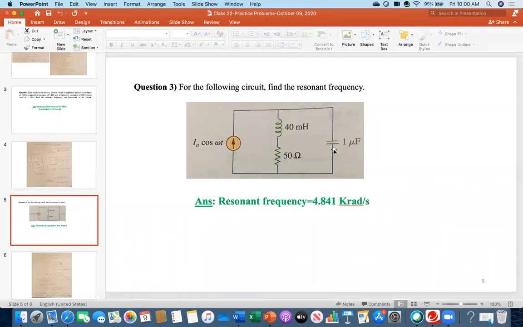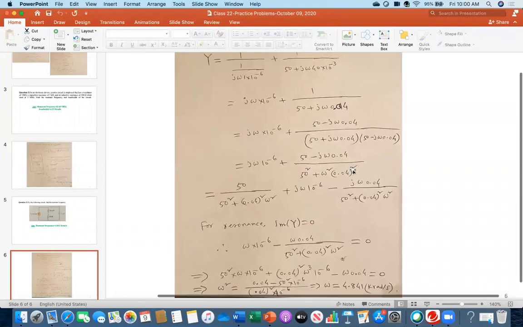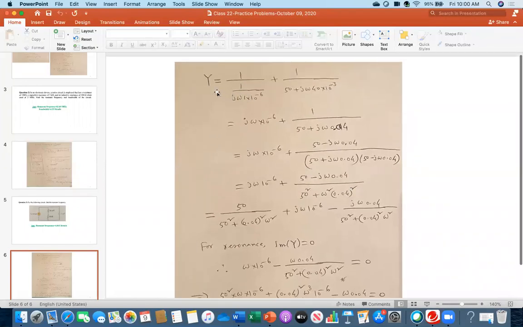So for everybody, while you are trying, you see how I was calculating here. I am finding y. I already explained the first line, and then you see how I am going.